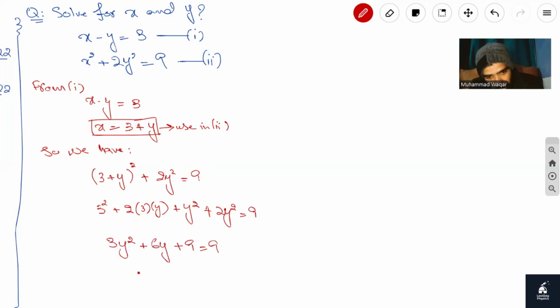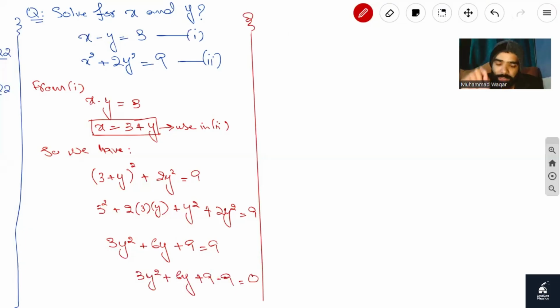So we would get 3y squared plus 6y plus 9 minus 9 equals 0. We have to take this 9 to the left-hand side, eliminating it from the right-hand side, so we subtract it on both sides. On the right-hand side, the 9 disappears, and on the left-hand side, it appears as minus 9.